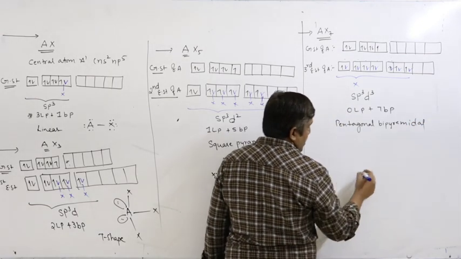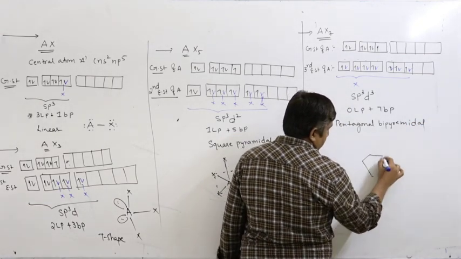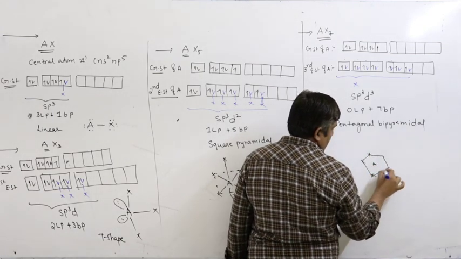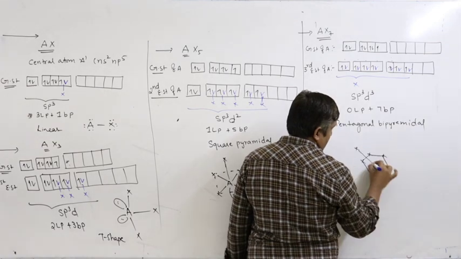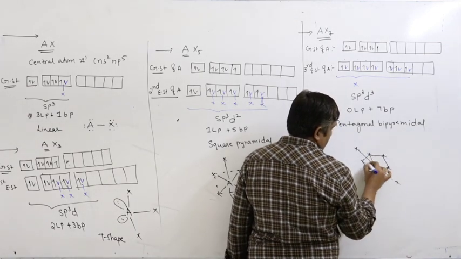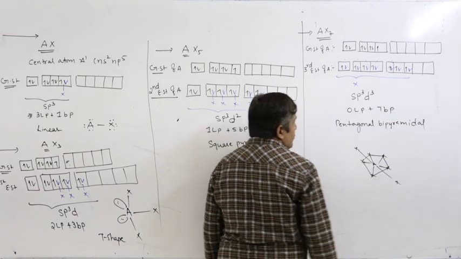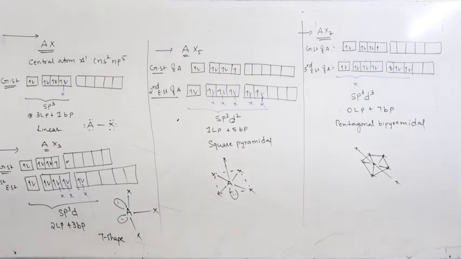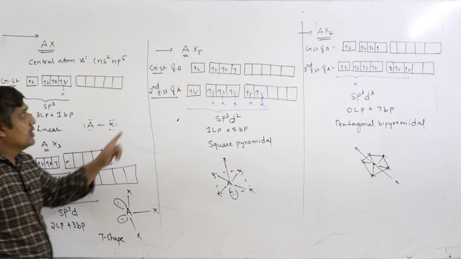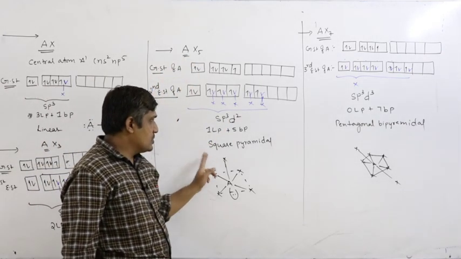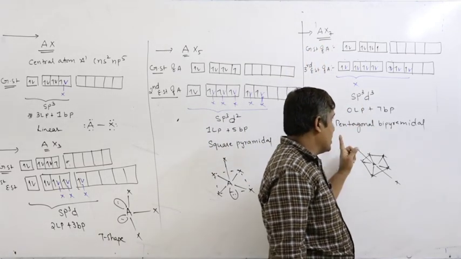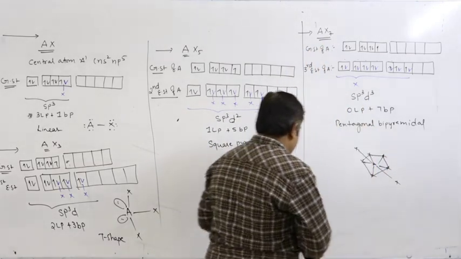To summarize: AX is linear with sp3 hybridization, AX3 is sp3d with T shape, AX5 is sp3d2 square pyramidal, AX7 is sp3d3 pentagonal bipyramidal.